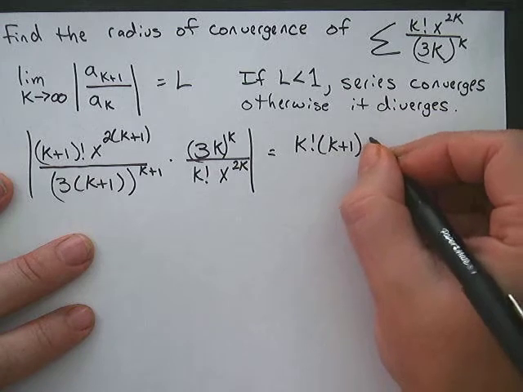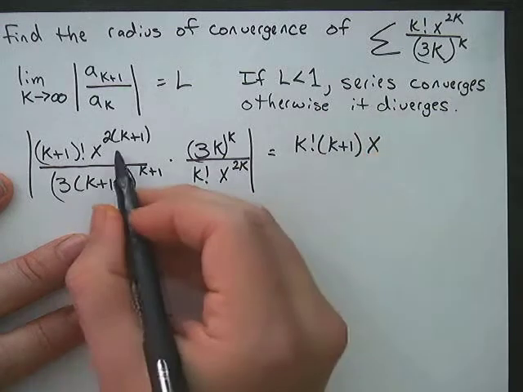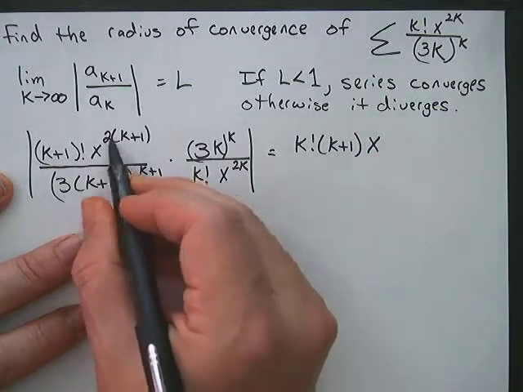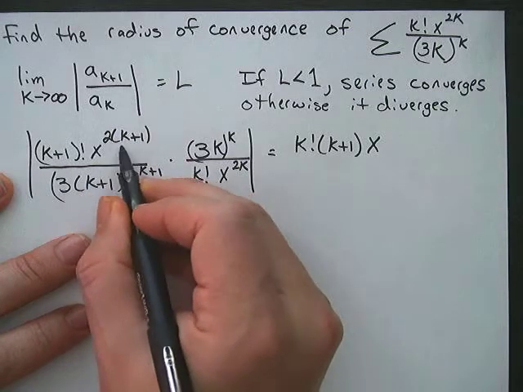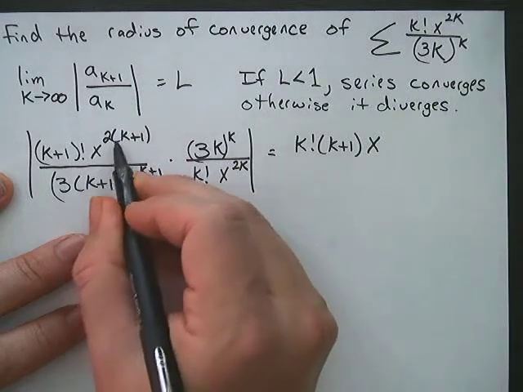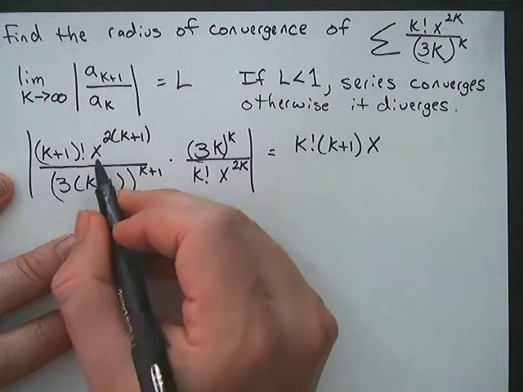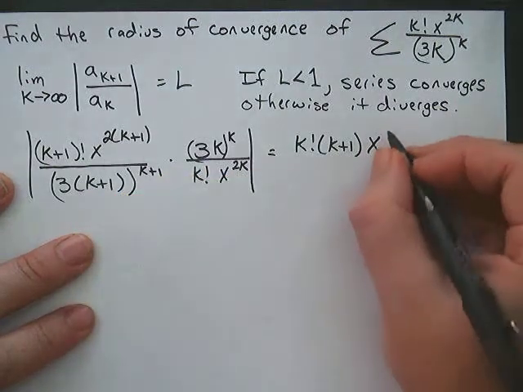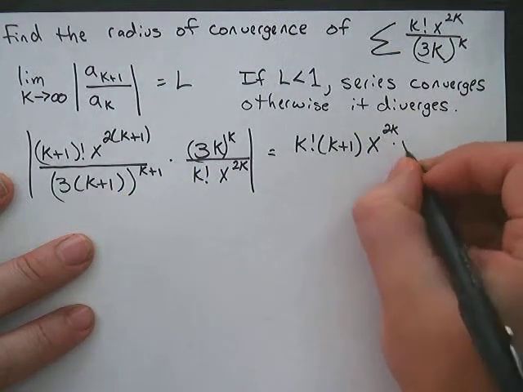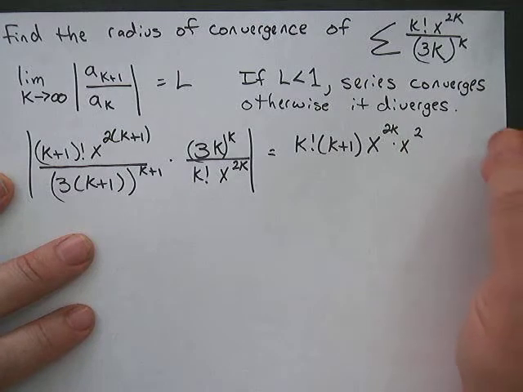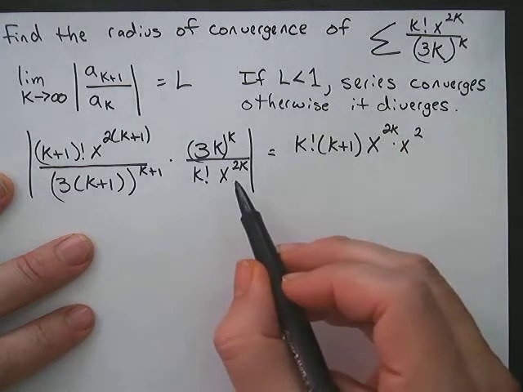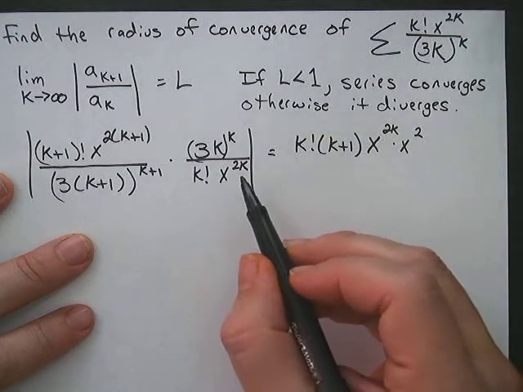Then I have x to the 2k plus 2 when I distribute this. And x to the 2k plus 2 is the same as x to the 2k times x to the 2. Why did I do that? Well, I have an x to the 2k down here, so that's another thing I'll get to reduce.